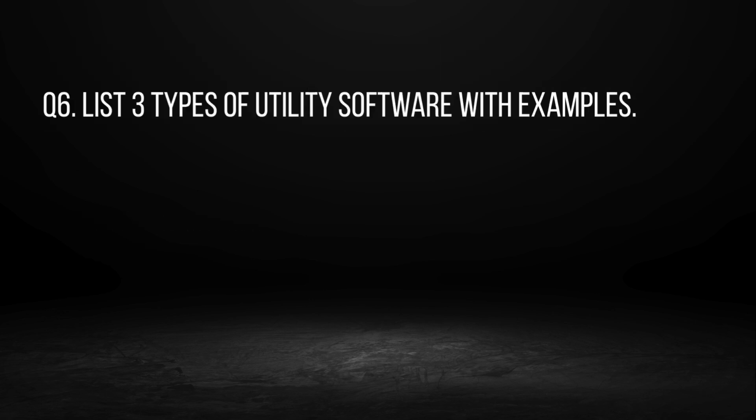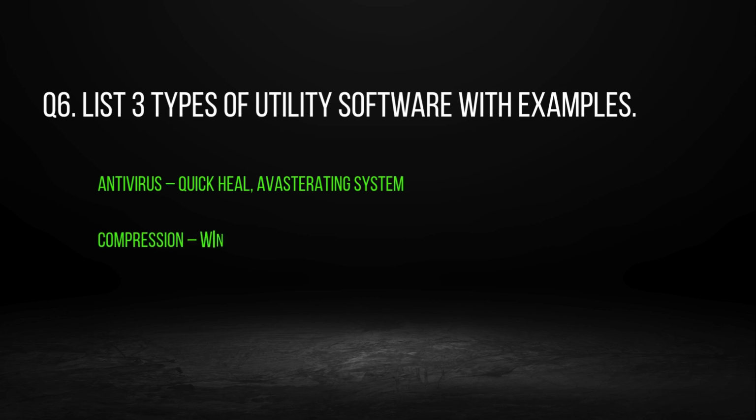List three types of utility software with examples. Antivirus: you can name Quick Heal, Avast. Compression: WinRAR, 7-Zip. Backup: Google Drive, OneDrive.